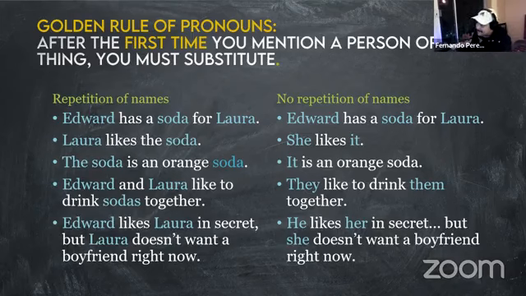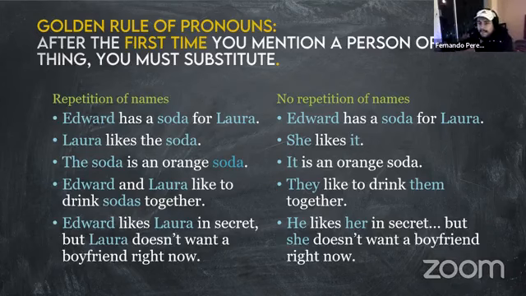Necessary, guys. So you say Edward one time, and the rest of the times you need to say he. No Edward, because you continue talking about Edward. When you say Laura, the first time, the second time, don't say Laura. The second time, say she.